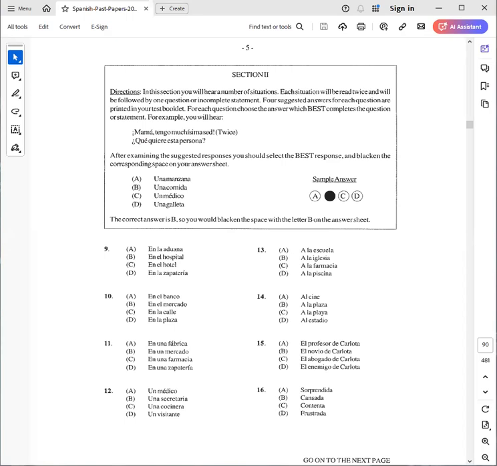Number 14. ¿Por qué no vamos al partido de fútbol esta tarde?